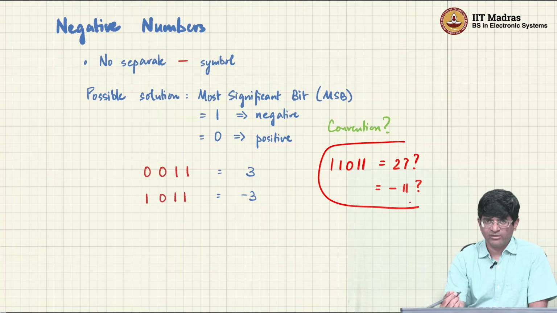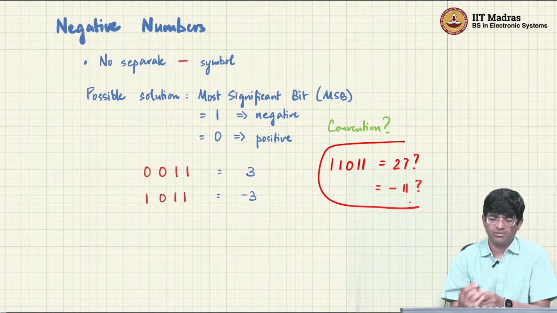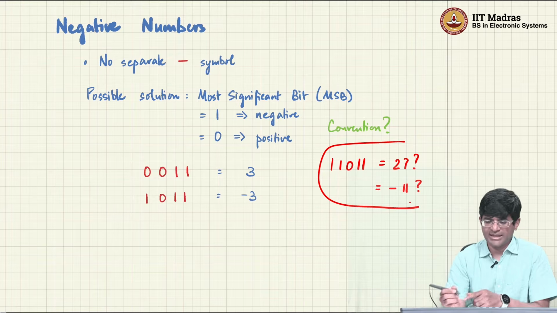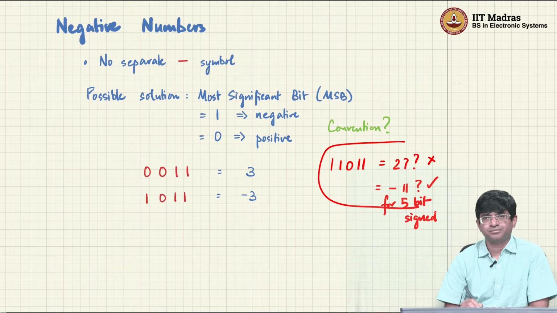The answer is actually fairly simple. If I know that my convention is to use signed, the sign bit, the most significant bit as the sign, and my convention is that my numbers are 5 bits wide, then this is correct and this is wrong. It's as simple as that.